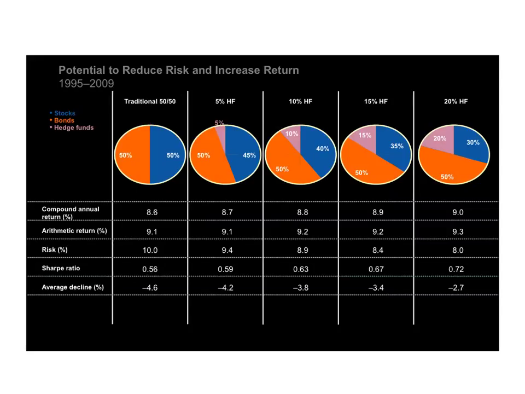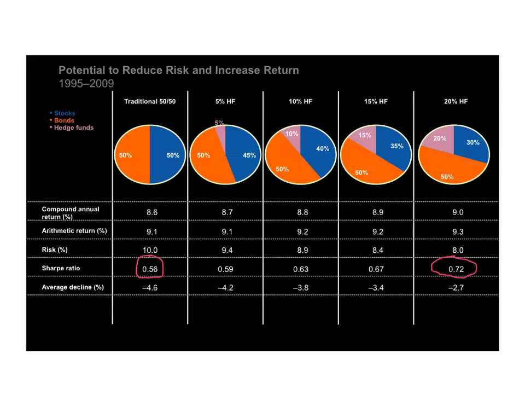As you can see, the Sharpe ratio increases from 0.56 in the traditional portfolio to 0.72 in the portfolio with 20% in hedge funds, suggesting that the reward for each unit of assumed risk increases as we increase the hedge funds in the portfolio.